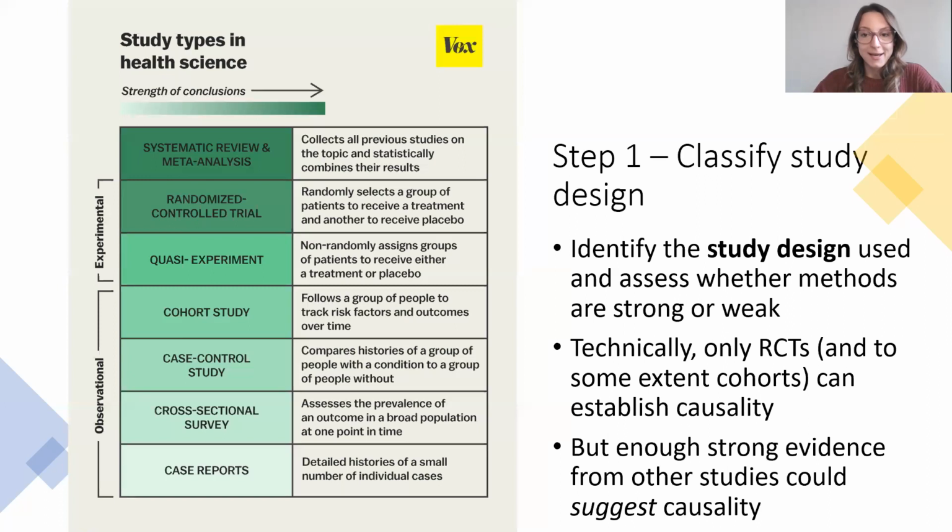Now, technically, only experimental randomized control trials can establish that causality, right? Because they're the only types of study designs that can meet those 3 criteria really easily. But as we also kind of touched on last week, cohorts technically can also help you establish that causality because unlike the other observational designs, they do establish that temporality.